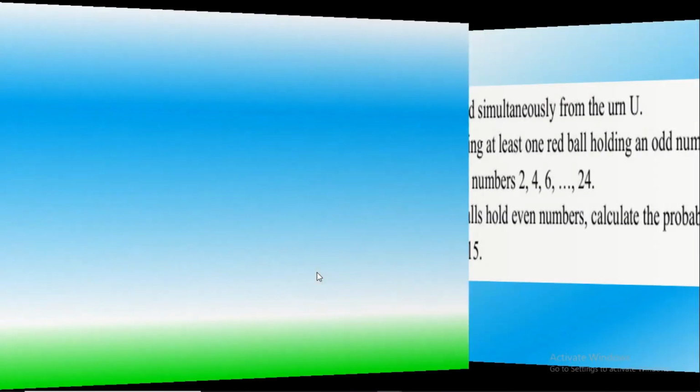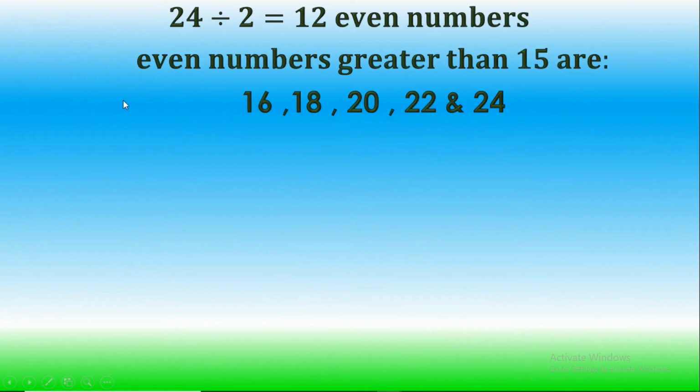Well, if we think about it, the even numbers are from 2 till 24. So the number of balls carrying even numbers is 24 divided by 2, so it's equal to 12. We have chosen 3 out of these 12 even numbers. But what's the probability that we have chosen them greater than 15?